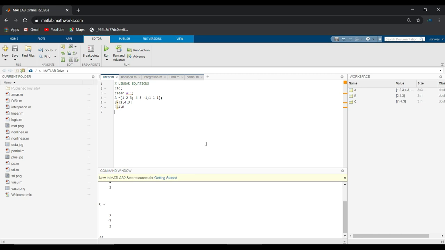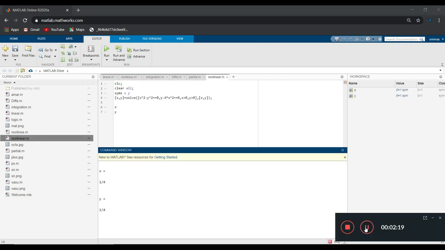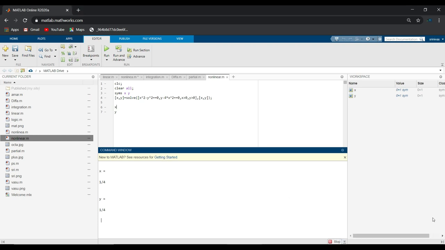Now we are going to see nonlinear equations. The execution of the linear equations has been done. Now the nonlinear equation solution. Here you need to specify syms x comma y. It is a standard way to declare which variables you are going to use in that particular function.